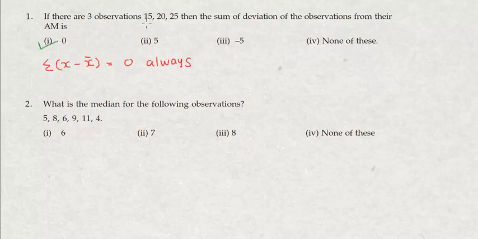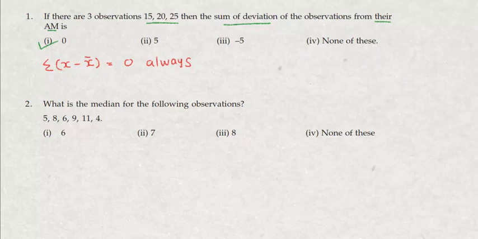It is not relevant here that we have been given observations as 15, 20 and 25. If the observations were given something else also, then the sum of deviation from the arithmetic mean will always be 0, because sigma x minus x bar is equal to 0.